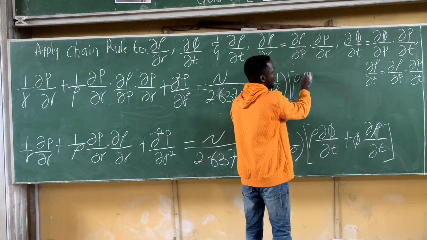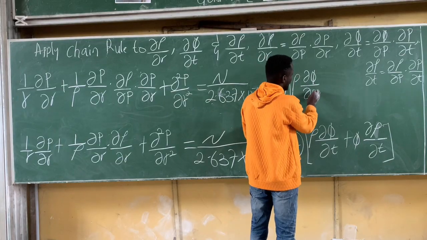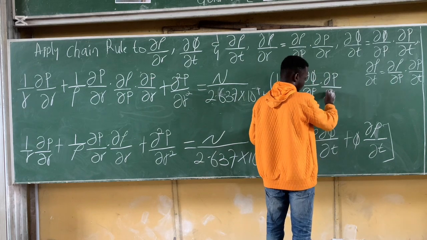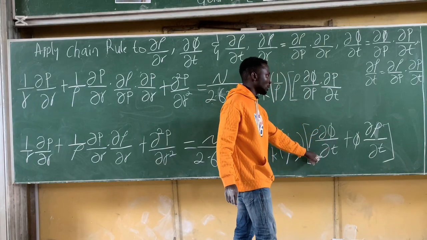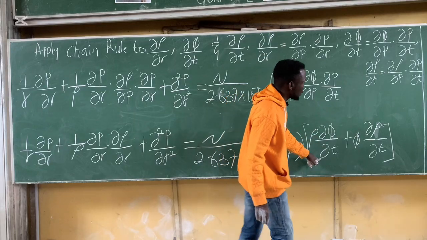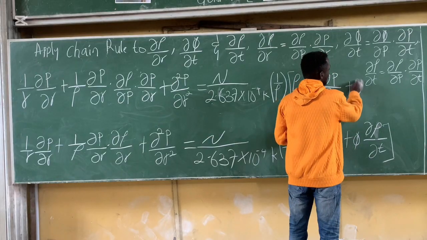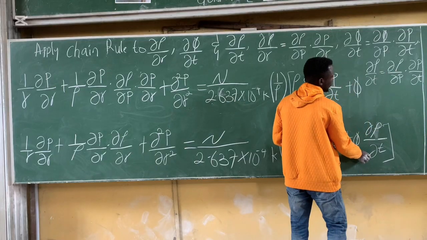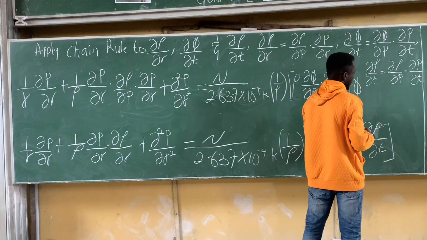So here we are going to have dφ all over dp dot dp all over dt. Now this one, and these two things simplify dρ dt, so that this one cancels out. We also have dρ dt. Then in place of dρ dt also, we are still going to substitute this one here. So in place of dρ dt, we substitute what? dρ dt is equal to this chain, so I want to substitute this equation.